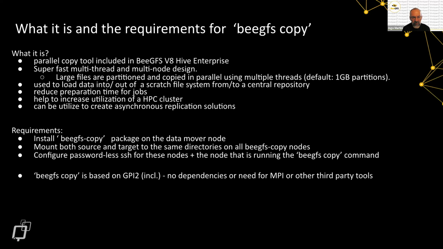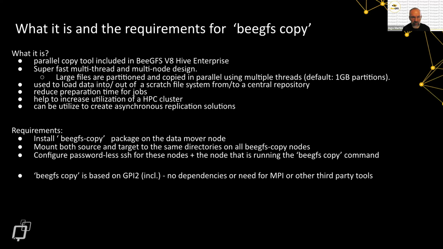BeeGFS Copy automatically splits a bigger copy job into multiple threads, and large files can also be cut into chunks and copied in multiple threads. We will show later in a short demo how much this can speed up the process to load data, because you don't need to rely on rsync or other single-thread copy tools. It's included, and you don't have any dependencies on MPI or other third-party tools to distribute the job over several nodes.